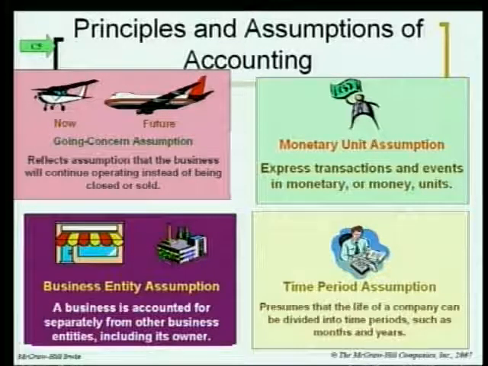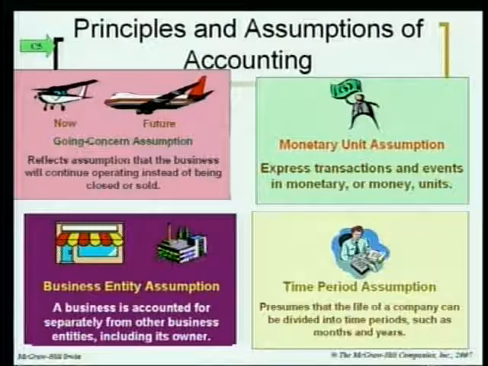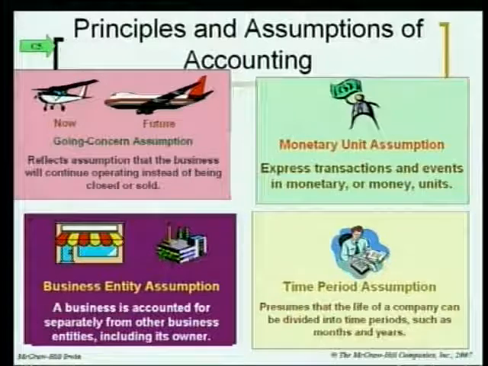If they felt like it was going to be closed down or sold or go bankrupt, you have to disclose that in the financial statement notes. So when you look at financial statements, you can assume that company is going to continue operating, if it's not stated otherwise.